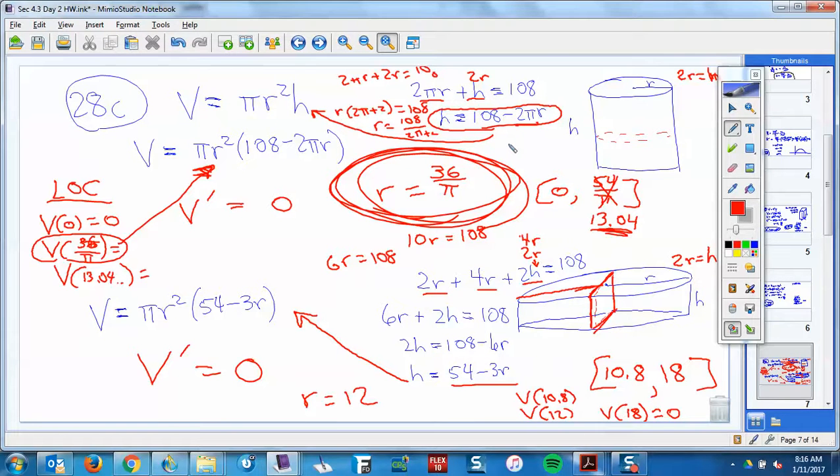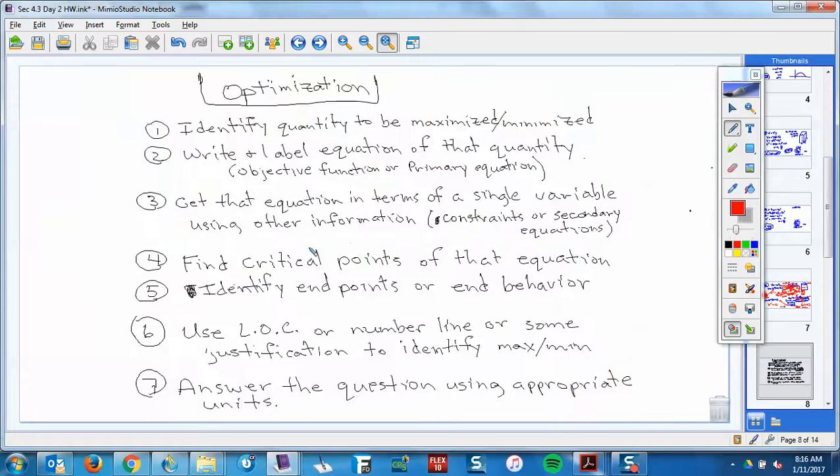So that would be the radius and the height. Take 36 over pi, plug it back into that. And it works out pretty nice, actually. You have 2 pi times 36 over pi. Pi's cancel, so you get 72. 108 minus 72 is 36. The height would be 36, I think.